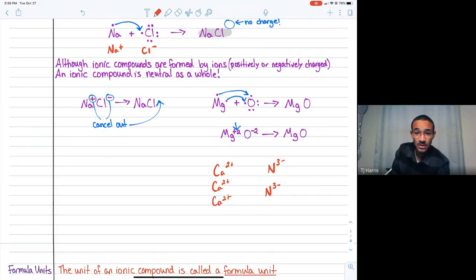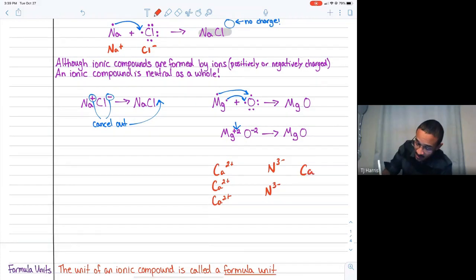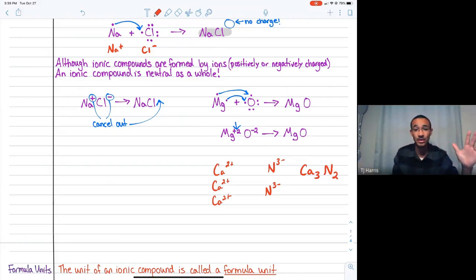What's this going to leave me with? I needed 3 calciums, right? Ca, 3 of those. And 2 nitrogens, N2. That's what we would get. Ca3N2. That cancels out our charges. I needed 3 2 pluses and 2 3 minuses.